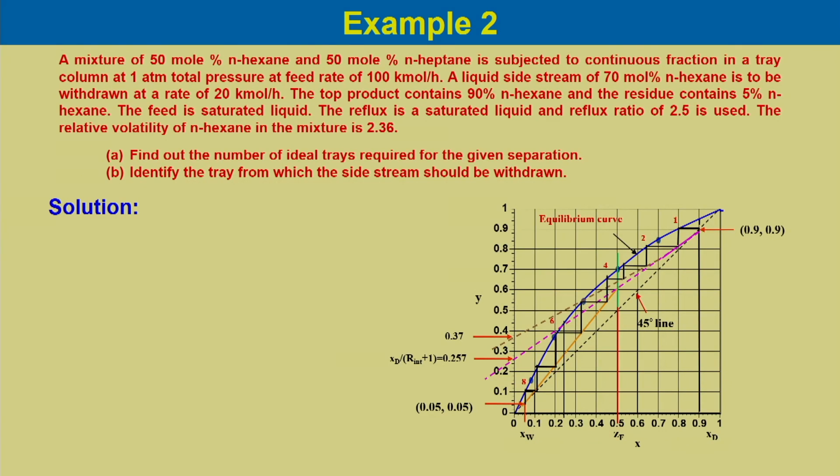So, we know the composition in the rectifying section is 0.9 xD and we know 0.05 in the stripping section. So, these are two end points, and then the feed is saturated liquid and the feed condition is 50 mole percent n-hexane. So, this is the 0.5.